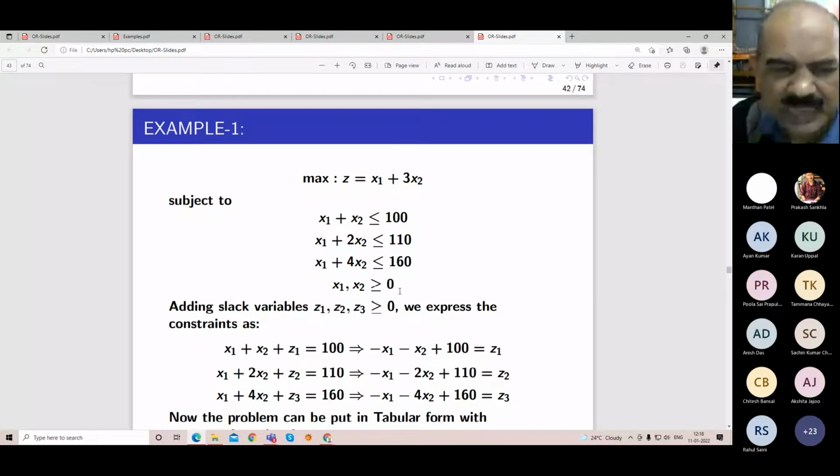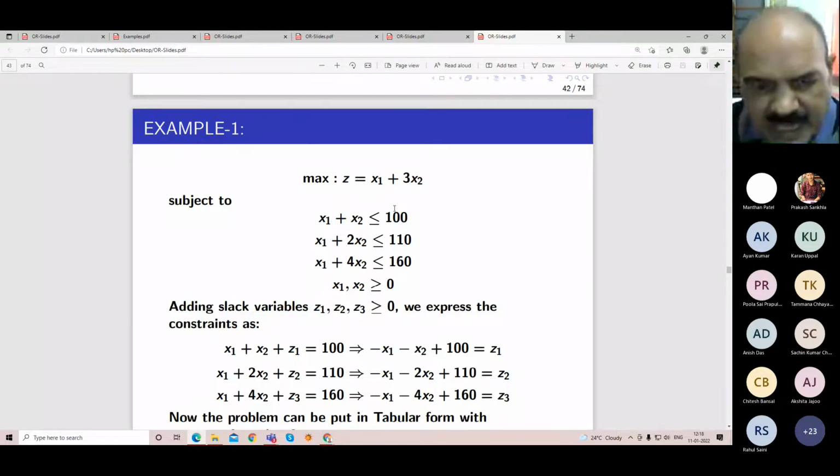Here there is a need of slack variables, since all three constraints are less than or equal type. So we introduce slack variables Z1, Z2, Z3 respectively to these three constraints. Since they are slack variables, Z1, Z2, Z3 are non-negative.